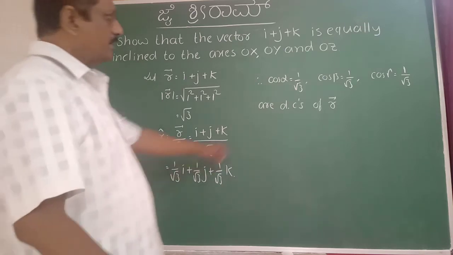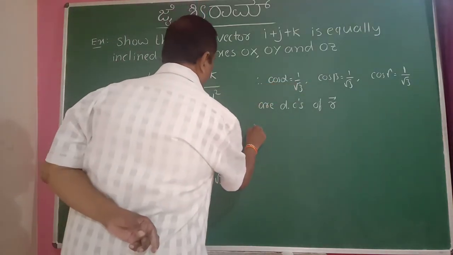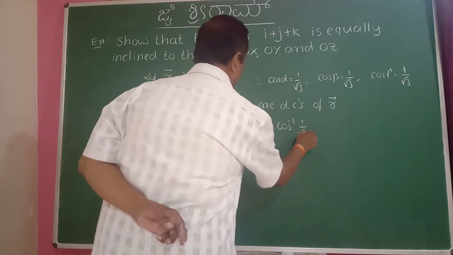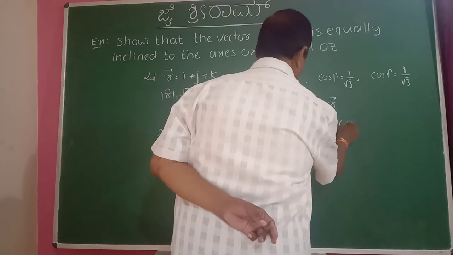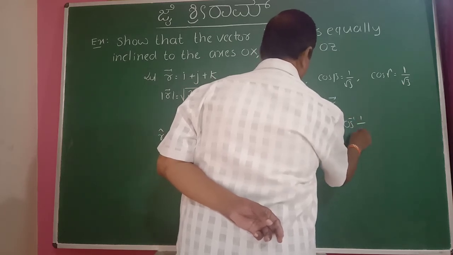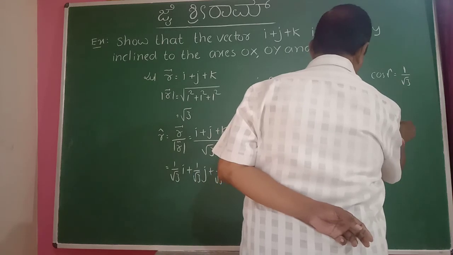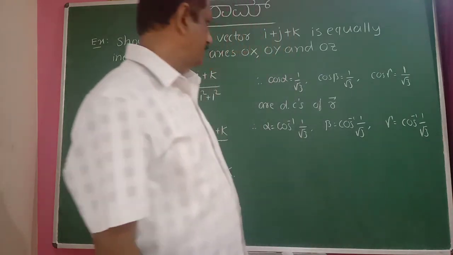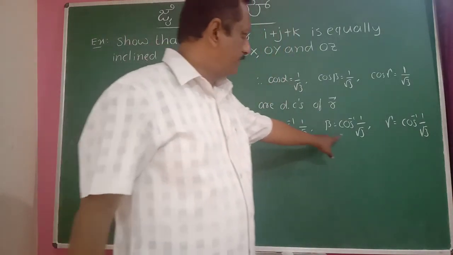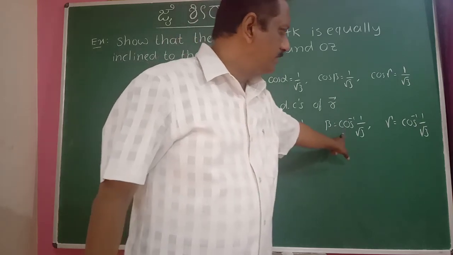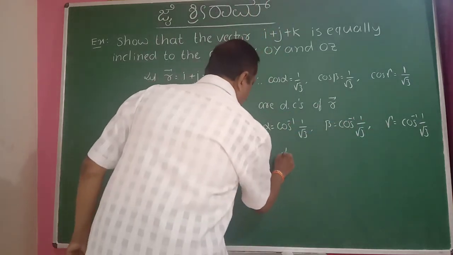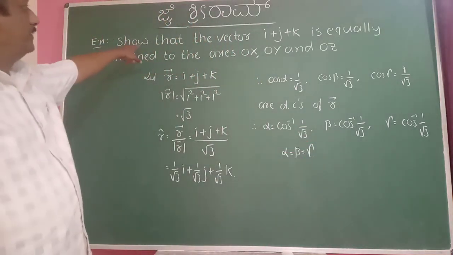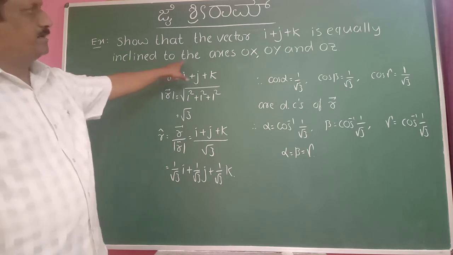Therefore, alpha is equal to cos inverse of 1 by root 3, beta is equal to cos inverse of 1 by root 3 and gamma is equal to cos inverse of 1 by root 3. So all these are cos inverse 1 by root 3, which means alpha is equal to beta is equal to gamma. All the angles are equal. Hence the vector is equally inclined to the axes.